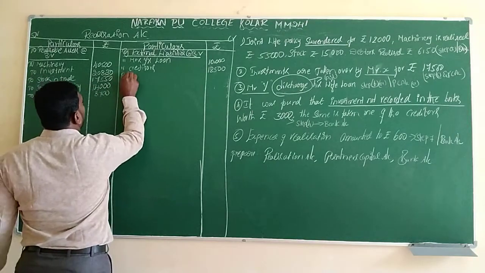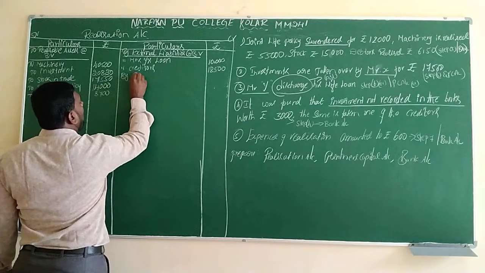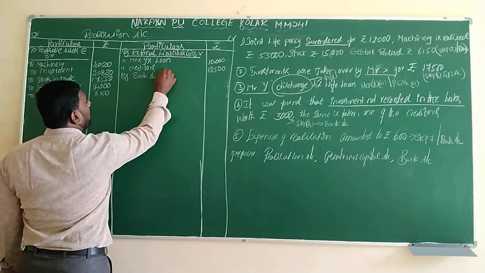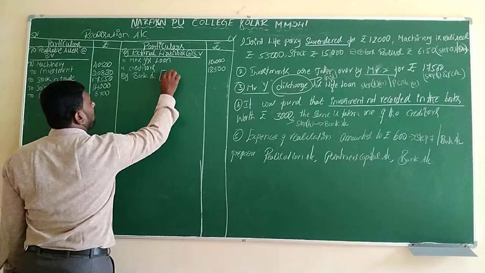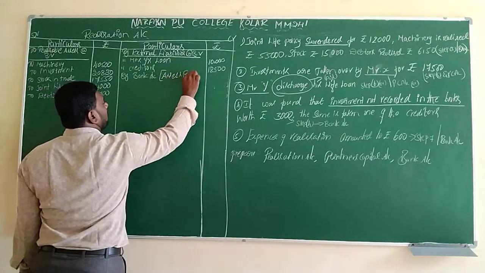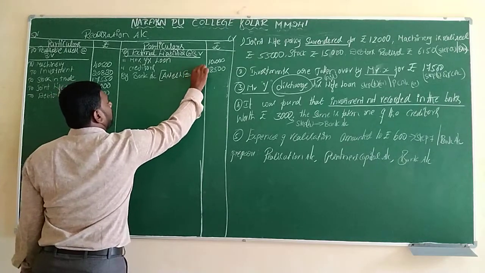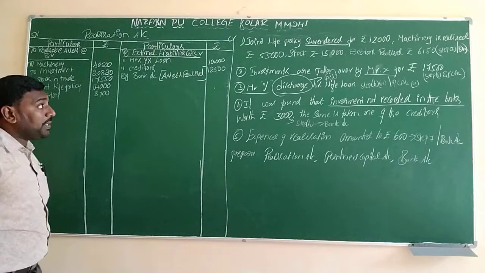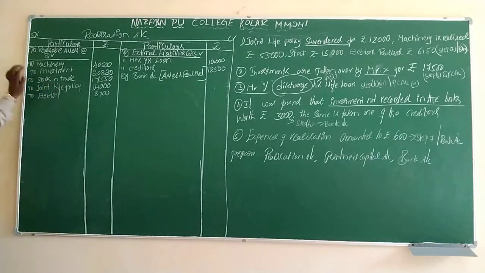We will write by bank account. In bracket, we have to mention assets realized. The company will have 5 assets: machinery, investment, stock, joint life policy, and debtors.